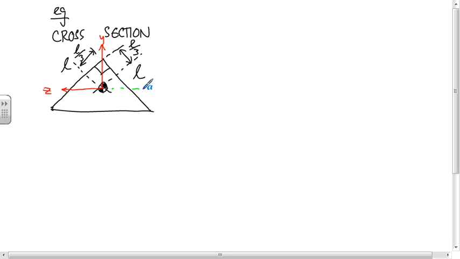And the neutral axis is this. Because I'm imagining this like I'm looking down the x-axis. So this is the neutral axis.